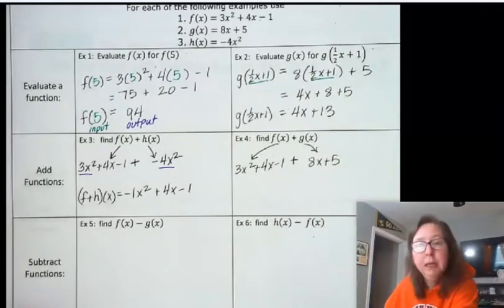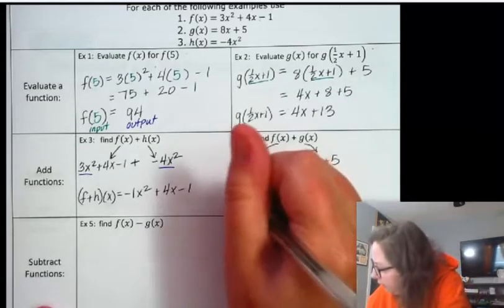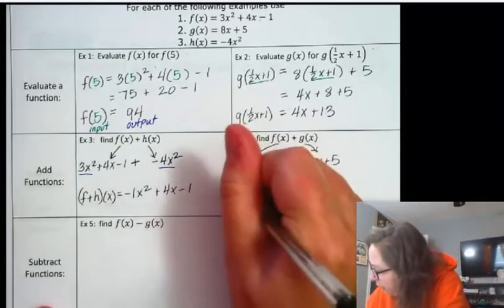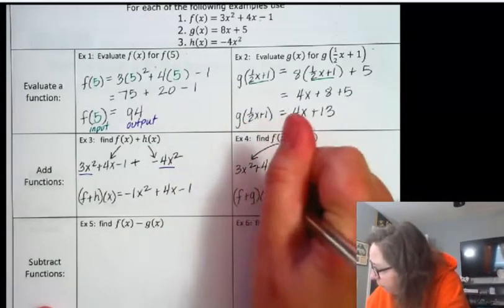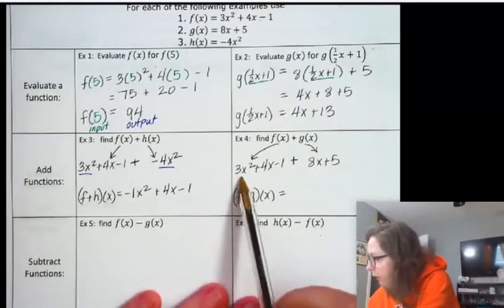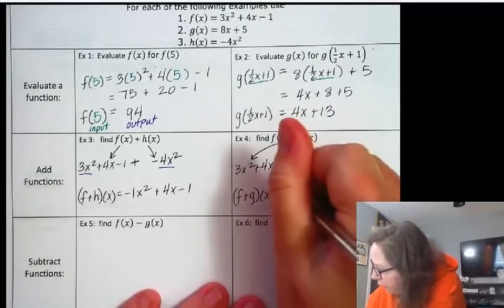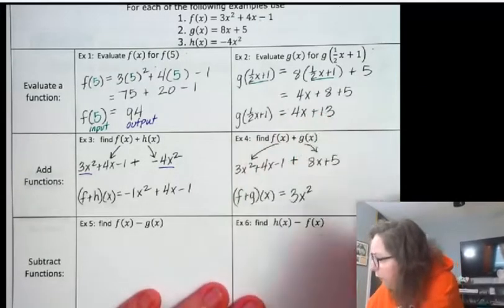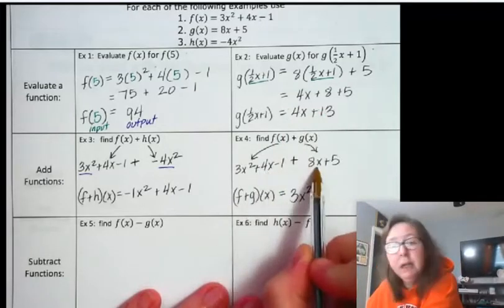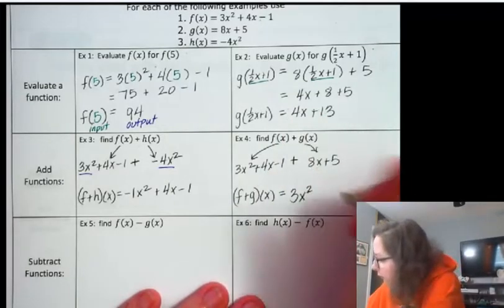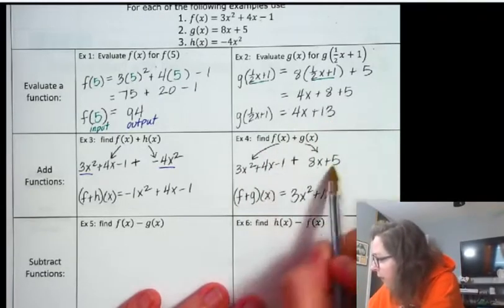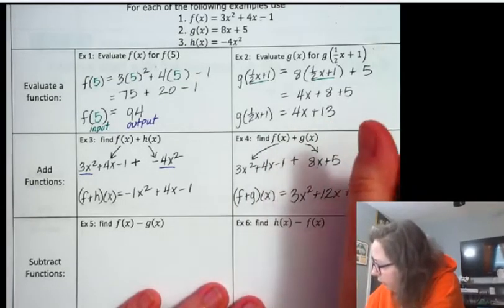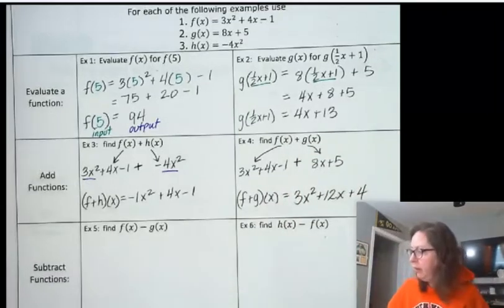And so I'm going to combine any like terms that I have to get my f plus g of x. And so here's what it will equal. There's nothing to combine the 3x squared with. 4x plus 8x is 12x. And then negative 1 plus 5 is 4. And that's my final answer.